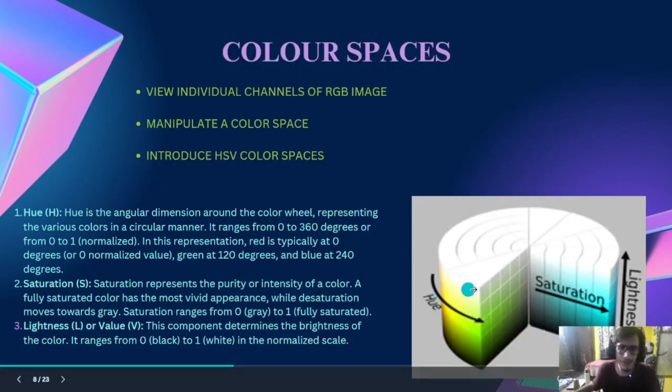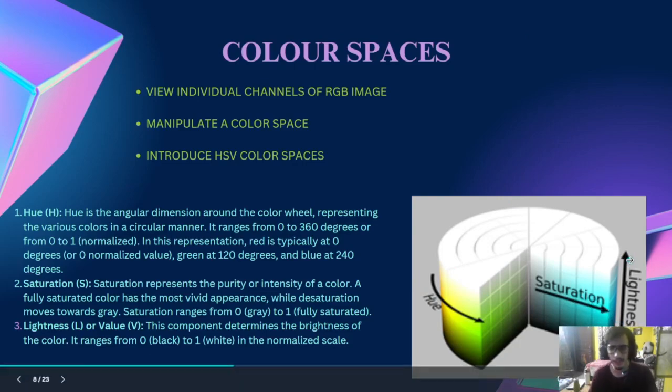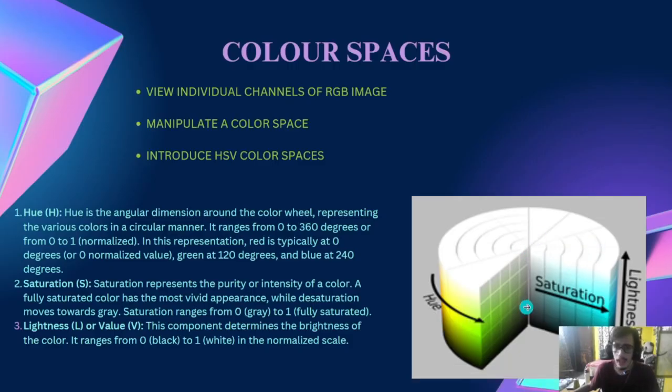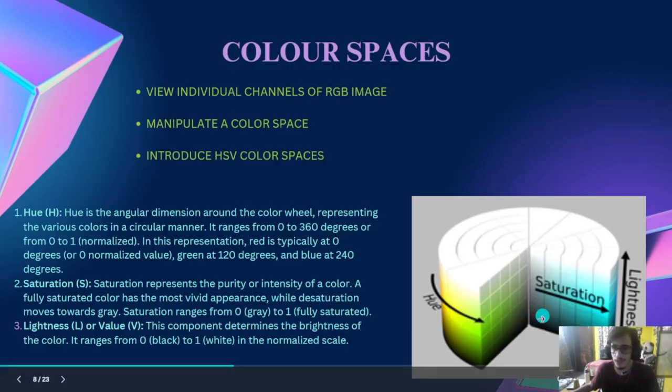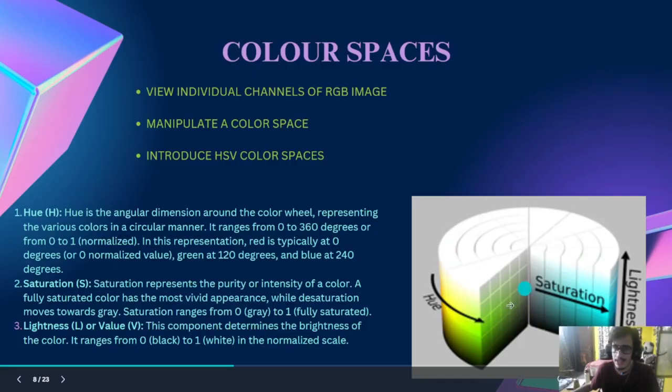H for hue, S for saturation, V for value or lightness. Lightness goes from black to the color to the white. Saturation goes from white to the color, increasing the color content. And hue selects the colors.